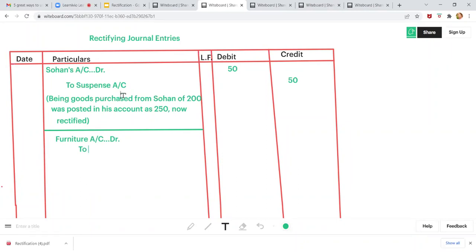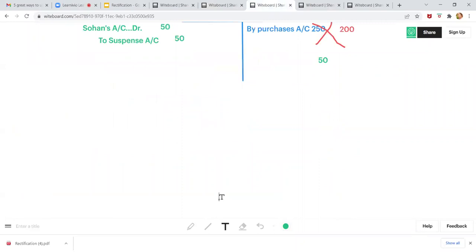See, we have to pass the rectifying journal entry. It means that whatever the error that occurred, we have to correct it. So the entry has to be furniture account debit to cash account credit, right? With the amount of rupees 500.